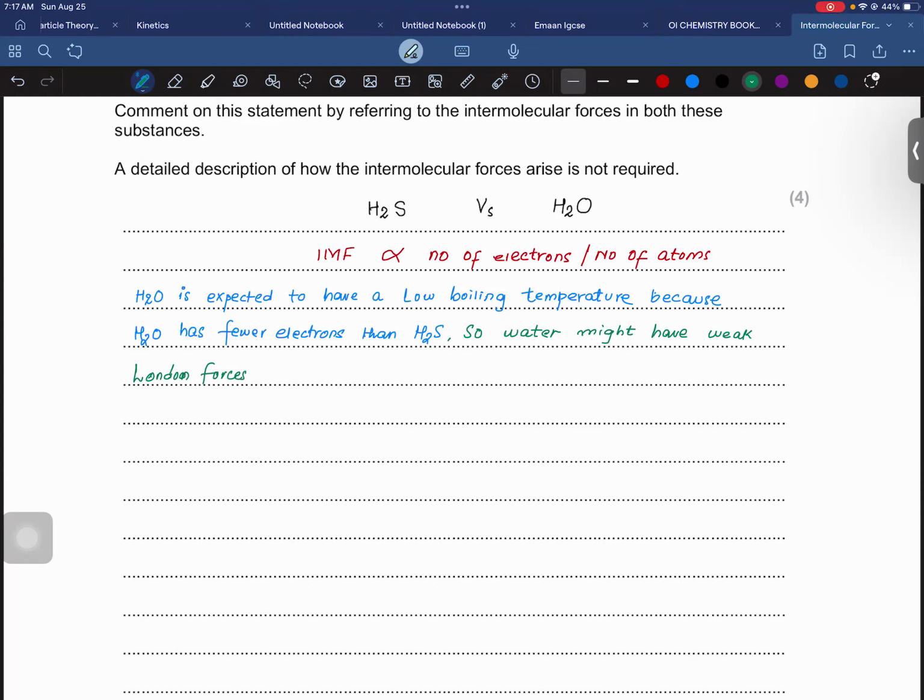But the thing is, water contains hydrogen bonding.